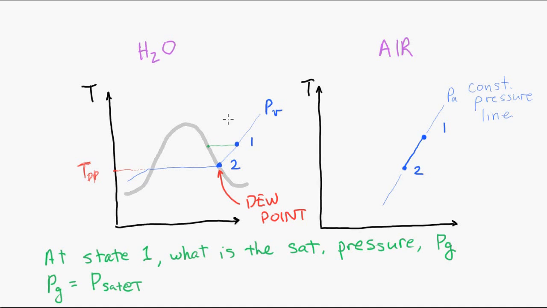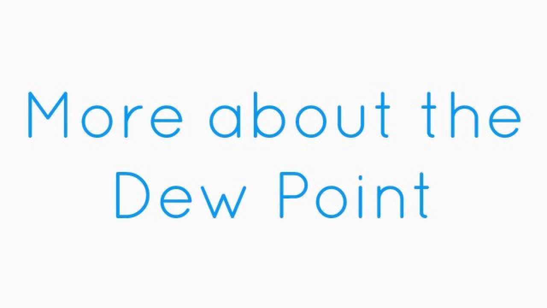So if we go along a constant temperature line here till we meet the saturation line, and we'll draw in a constant pressure line at that point of intersection. And this pressure along that constant pressure line is PG, the saturation pressure.